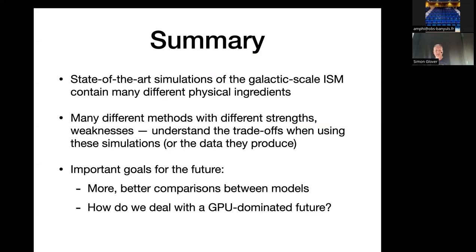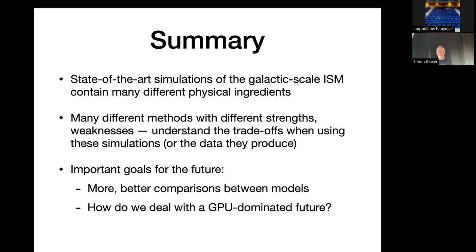There's lots of different ways we can try and simulate these with different strengths and weaknesses, and it's important to understand the trade-offs that we're making. Both if you're interested in running these simulations yourself, but also if you're interested in just using the output or comparing your observations to the predictions of simulations, I think it's important to understand a lot of the trade-offs and approximations that are being made, what you can and can't trust.